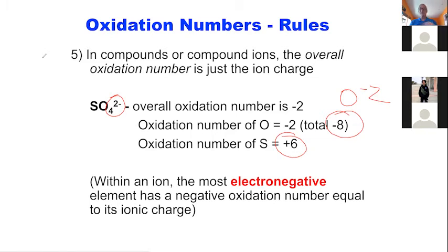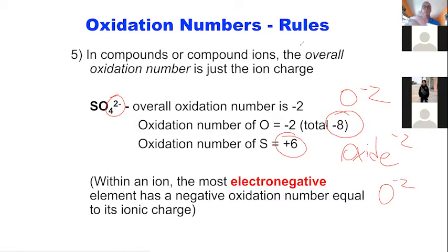So within an ion, the most electronegative element has an oxidation number that's what its oxidation number would be if it was an ion. And remember, the oxide ion is -2. So if oxygen's bound to anything but itself or fluorine, its oxidation number is going to be -2 as well.